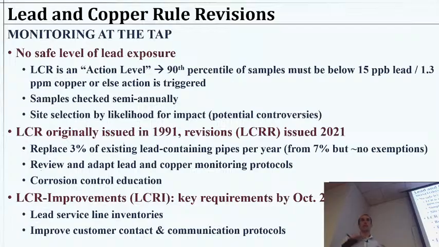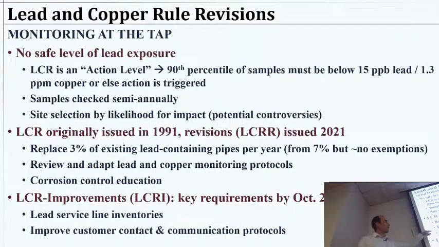There used to be some exceptions, okay, if you don't have the blueprints or whatever the case. Now you must, is the rule. So eventually, well, if you take 3% per year, you're going to eventually get close to zero, but never to zero. Kind of kidding. But that'll give us, over time, a removal of lead pipes throughout our country.